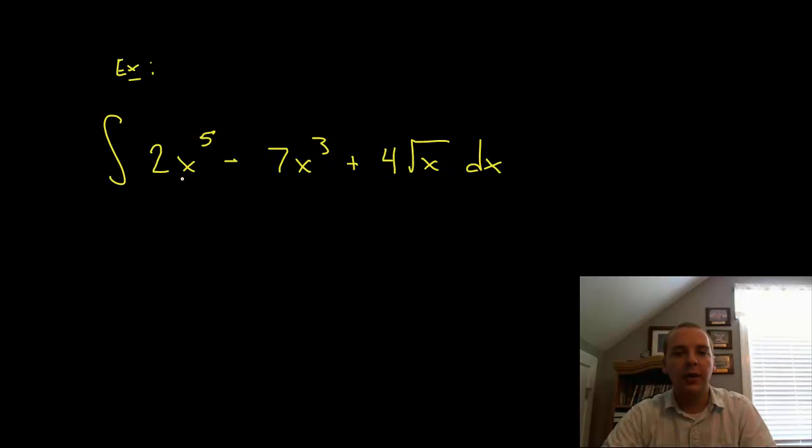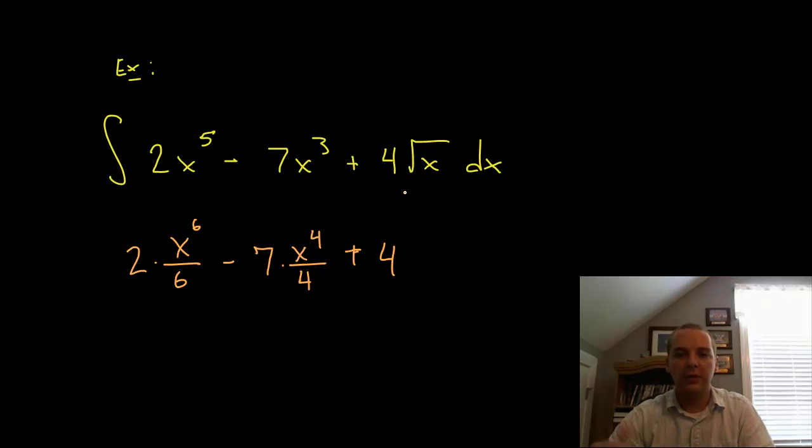And so when we integrate 2x to the 5th, we'll hold on to the 2, put it in our pocket. We'll integrate x to the 5th, which would be x to the 6th over 6. And we'll leave the 2 out front there as that tag along constant. We'll have minus 7 x to the 4th over 4. Again, 7's a tag-along constant. We'll have tag-along constant of 4.